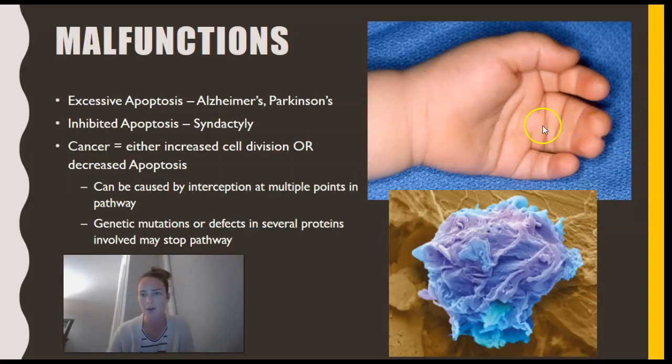Syndactyly is a condition where the digits are fused because those skin cells didn't undergo apoptosis when they should have. So for inhibited apoptosis, syndactyly is a good go-to example.